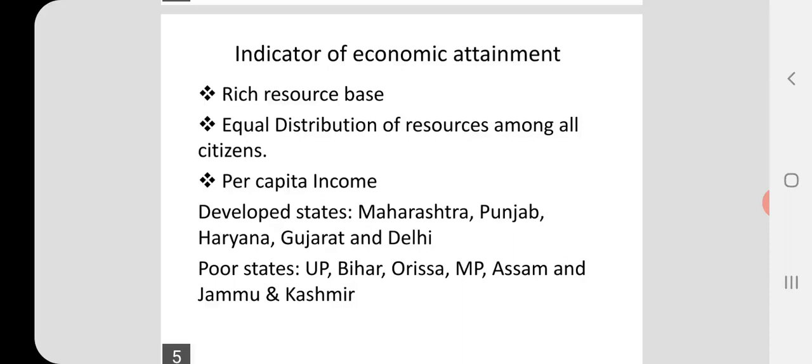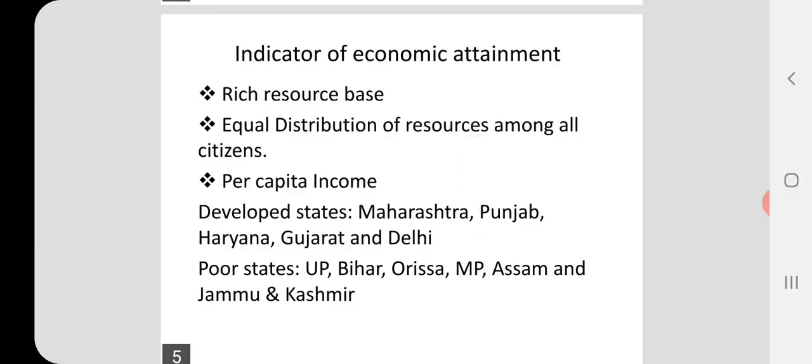Except these indicators, India follows other indicators also. First is the indicator of economic attainment. This indicator of economic attainment is indicated by rich resource base, equal distribution of resources among all citizens and per capita income.